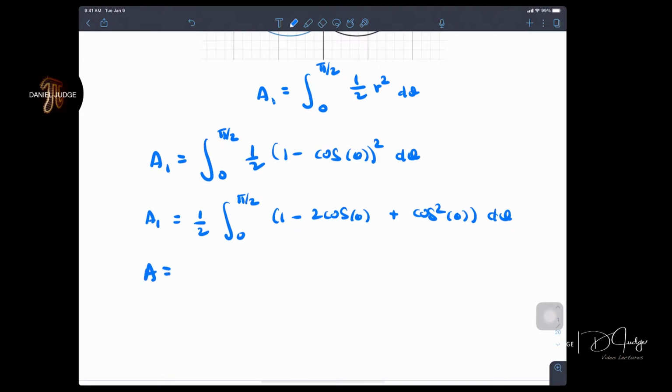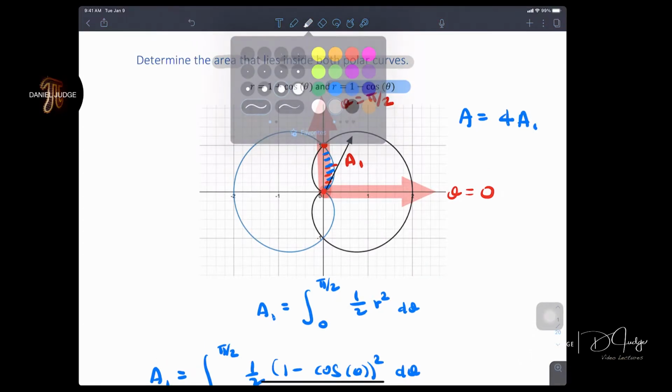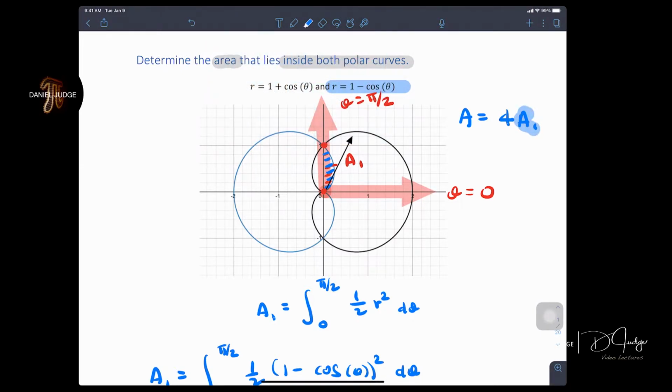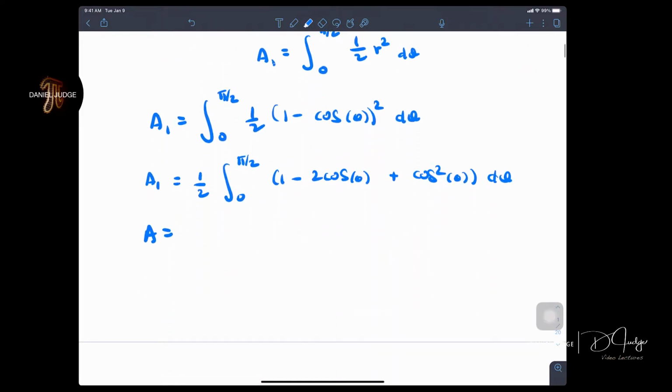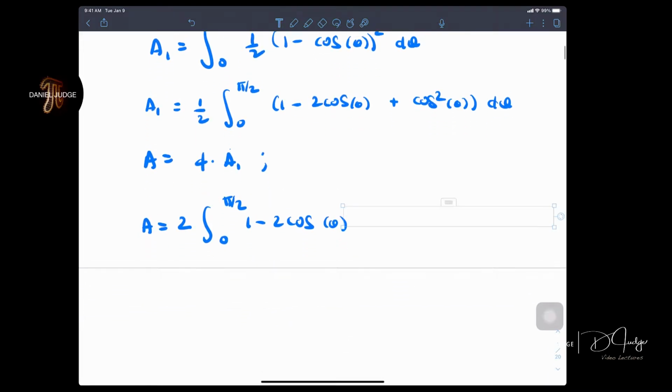That means that A, since A1 is that blue portion, the total area is 4 times that. So multiply 4 times A1, and you're going to get 4 times 1/2, or the area is going to be 2 times the integral from 0 to pi over 2 of 1 minus 2 cosine theta plus cosine squared theta.